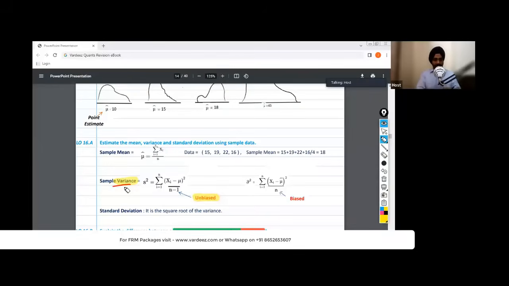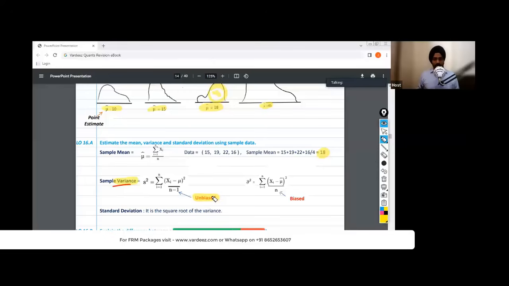It's important that we are estimating these sample means, and once we estimate that, we say that yes, the height should be 18, the weight should be 18, the return should be 18, and so on and so forth. So we are concluding the entire thing is 18, right? We are concluding that. Now, just with 4 people I cannot do it actually, but still we are doing it.